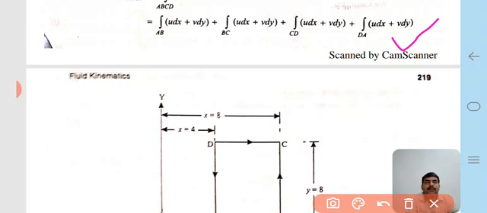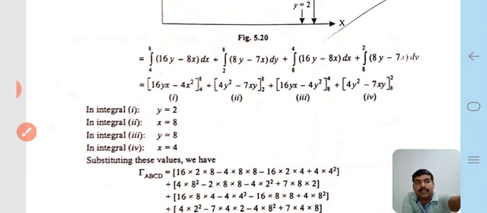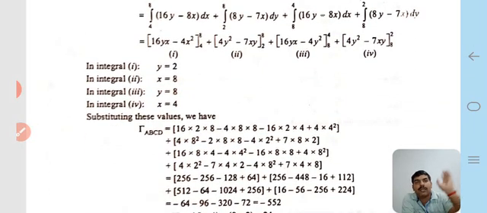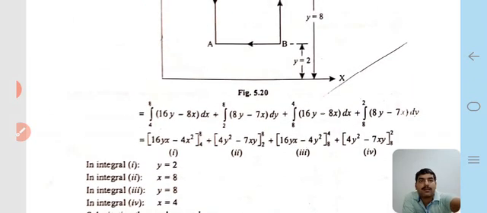Therefore, putting all the values in the above equation, the A to B part of the contour goes from 4 to 8.